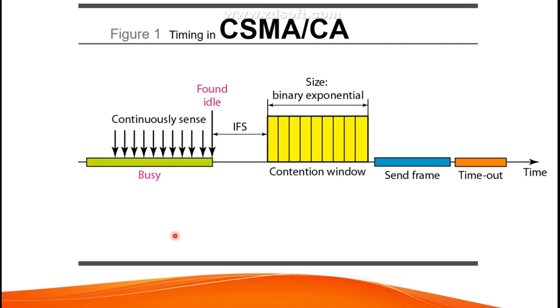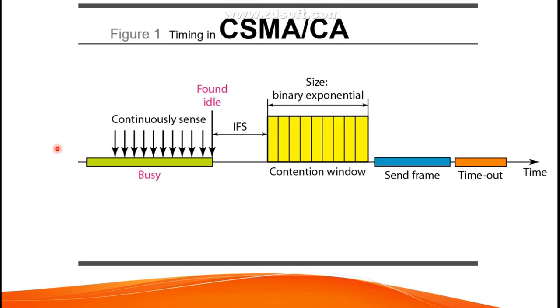So, first, collisions are avoided by stopping the transmission even if the channel is found idle. When an idle channel is found, the station is not going to send immediately. It waits for a period of time which is called IFS, that is interframe space. Why do we do it, guys?